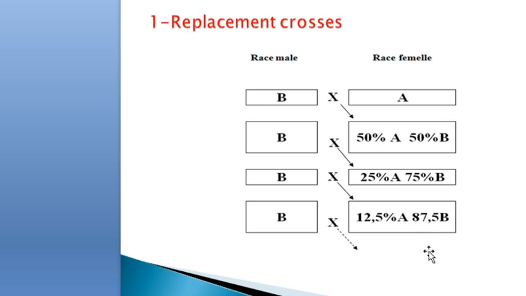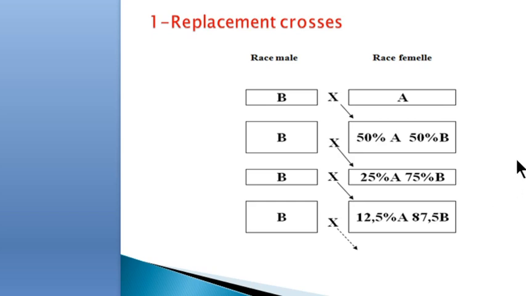Okay, so this type of breeding scheme, as you can see, is detrimental or disadvantageous for the conservation of local breeds. You see here that a local breed is finally wiped out by the new breeds.